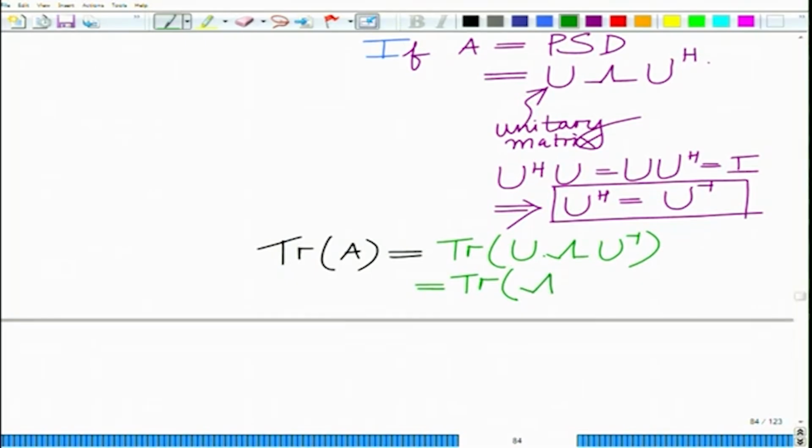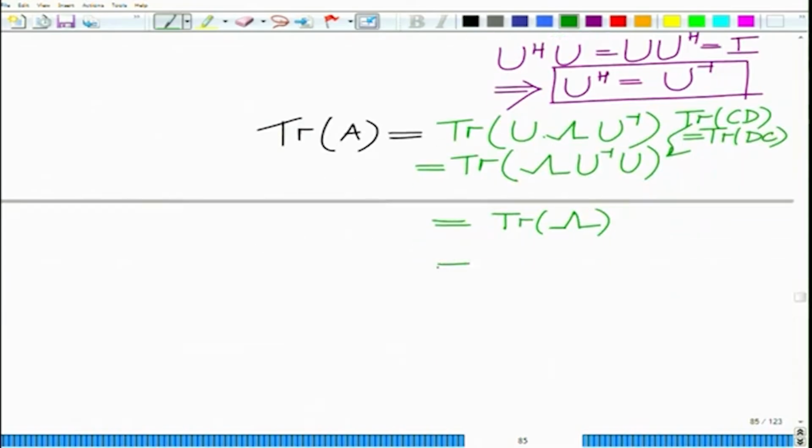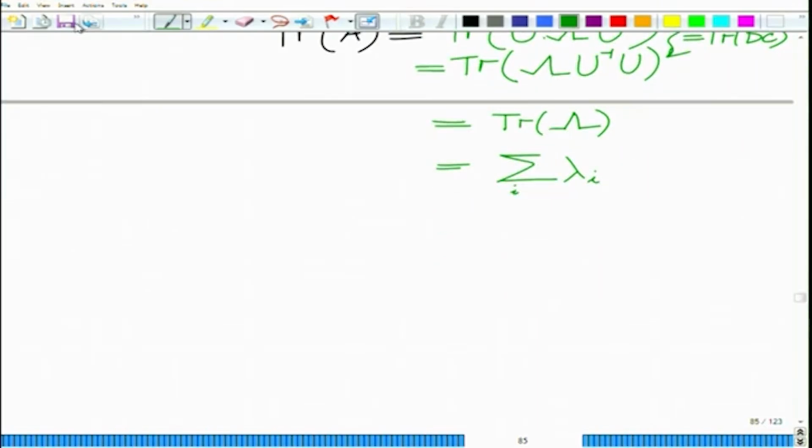So, this will become the trace of lambda U inverse U, using the property trace of CD equals trace of DC. Now, U inverse U is identity. So, this is the trace of lambda, which is the diagonal matrix of eigenvalues, and this is nothing but the summation of lambda i.